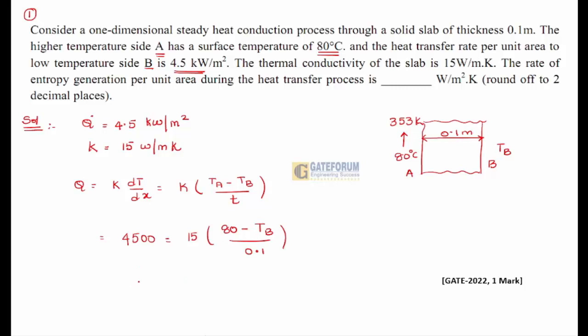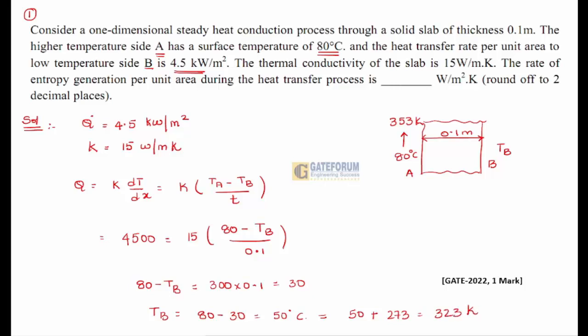From here, if you modify, 80 minus TB will be equal to 300 into 0.1, that will be 30. Now TB is equal to 80 minus 30, which is 50 degrees centigrade. That will be 50 plus 273, which gives you 323 Kelvin.